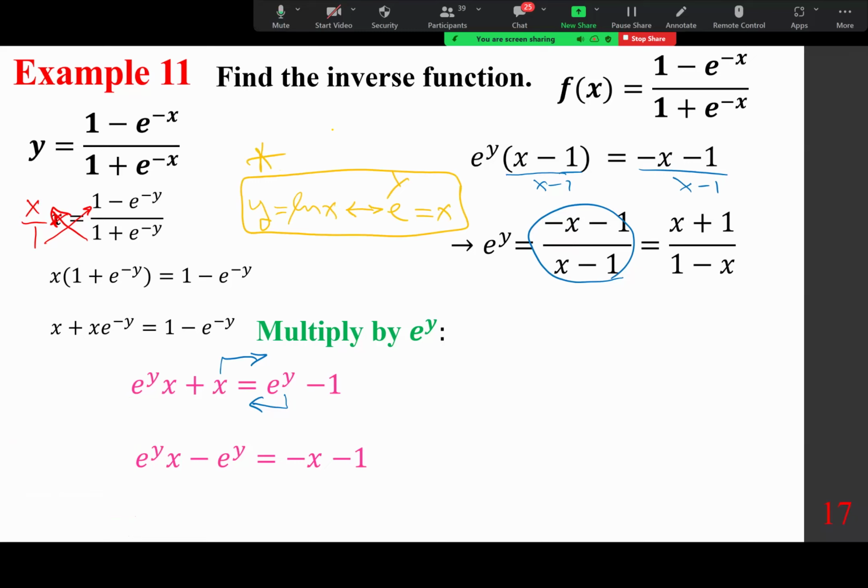Right? Everybody remembers this from the previous page? y equals ln x means e to the power of y is x. That means y is ln of the right side. Or you can even do the following.